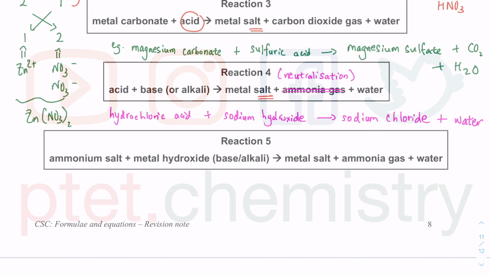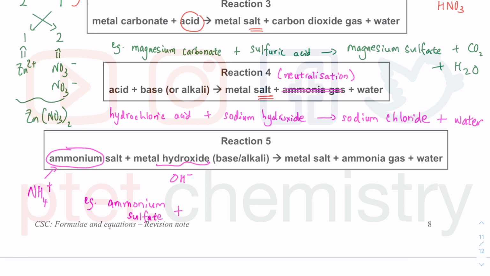Last but not least, you have this thing called ammonium salt. Ammonium is an ion. It is NH4 and then plus. Okay, it can be ammonium chloride, ammonium sulfate, ammonium nitrate, whatever salt. Metal hydroxide contain the OH minus. So what happened then is, for example, if I do ammonium sulfate, the sulfate comes from the sulfuric acid, yeah?